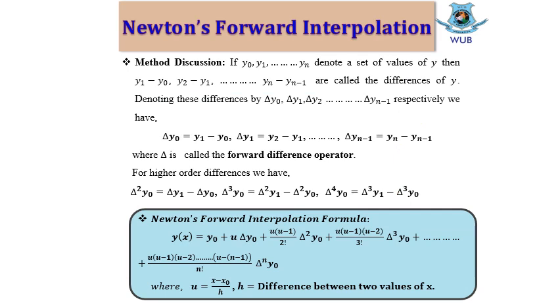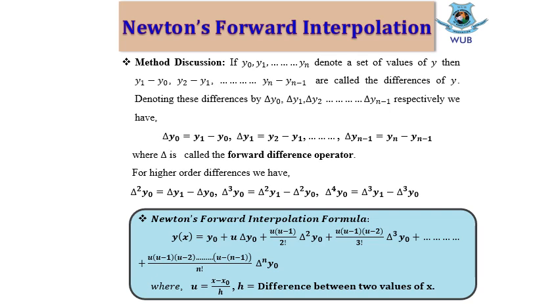At first, I would like to discuss Newton's forward interpolation. What is actually forward difference or forward interpolation? The differences between y1 minus y0, then y2 minus y1, and in this way up to yn minus 1. That means the next value is subtracted from the previous value, which is called the difference of y.